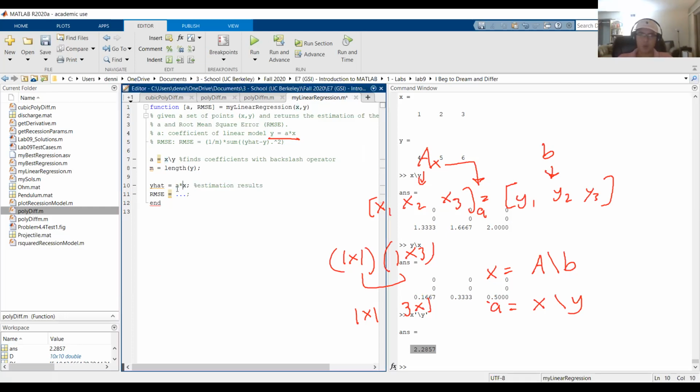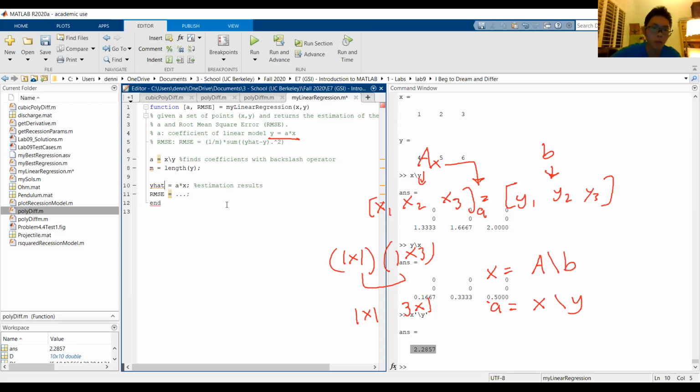We have our coefficients already, and we have our data. Our data is X, and we just apply the linear function A times X. Note that it doesn't give us exactly Y. It can if it's an exactly fitting line, but since it's a line of best fit, this is the best we can do.